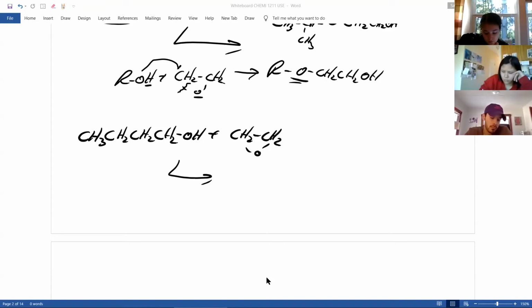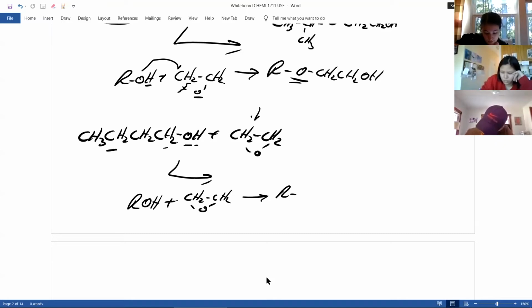Well, if I look at this molecule right here, what's different? What's not carbon? What's not hydrogen? An oxygen with a hydrogen on a carbon, alcohol. And what's this? Ethylene oxide. And what you get is this ether alcohol. What's my R group?